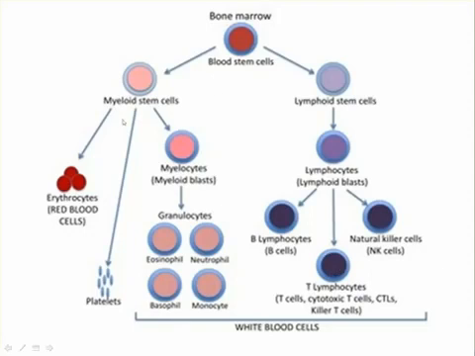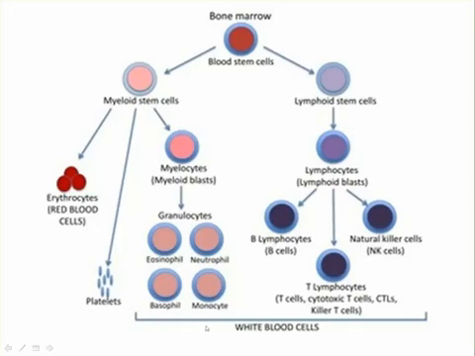Then we have the myeloid stem cells, which will produce the RBCs, the platelets, and the white cells. These are the myeloblasts or the myeloid blast cells, which are the precursors of eosinophils, neutrophils, basophils, and monocytes.